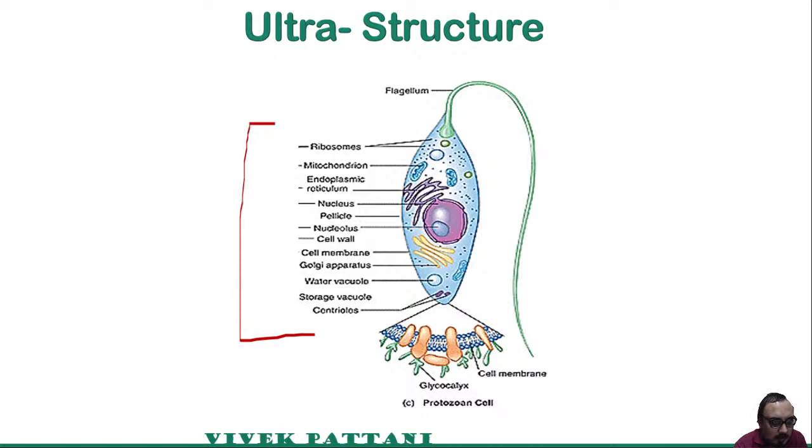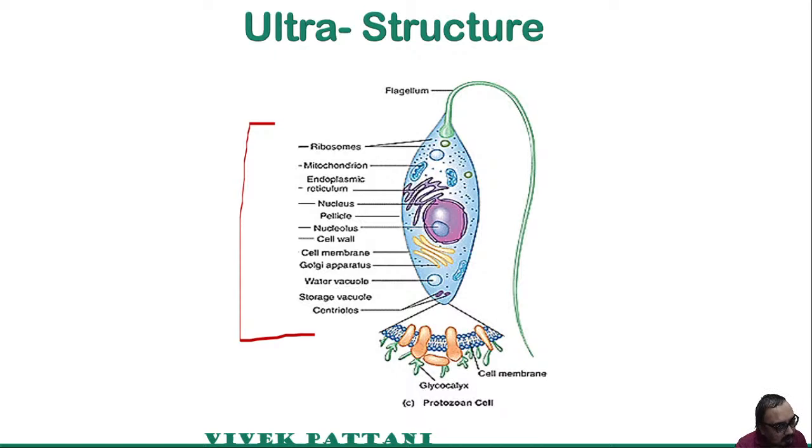There may be one or more nuclei, and in some taxa the nuclei are of two types: larger macronuclei and smaller micronuclei. Some of the organelles present in the cytoplasm are visible through light microscopy.